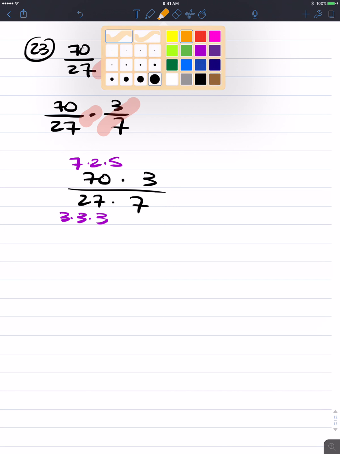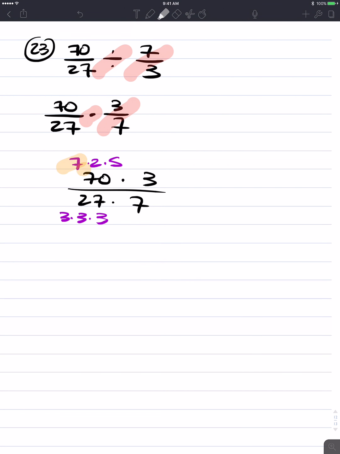Let's take a closer look at our primes. 7, 2, 5, and 3, 3, 3, 3, and 7. If I write them down, here's what I get. 7 times 2 times 5 times 3 over 3 times 3 times 3 times 7.